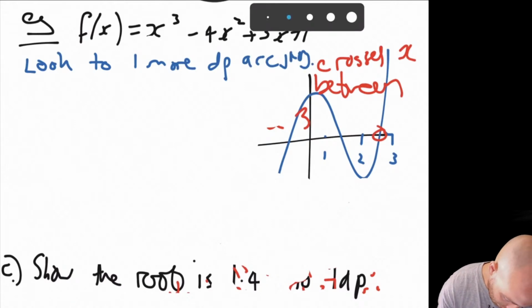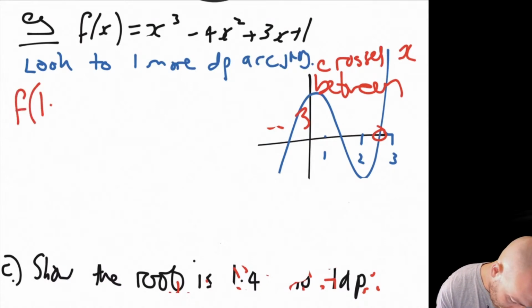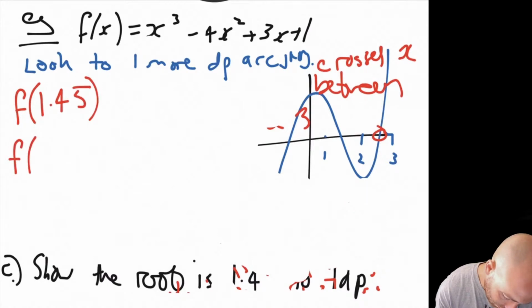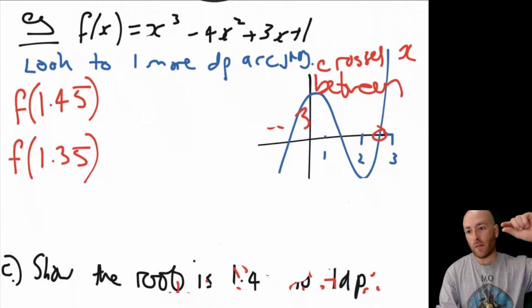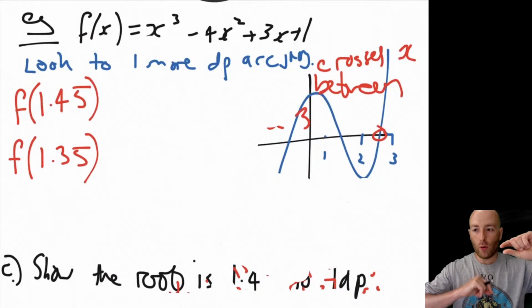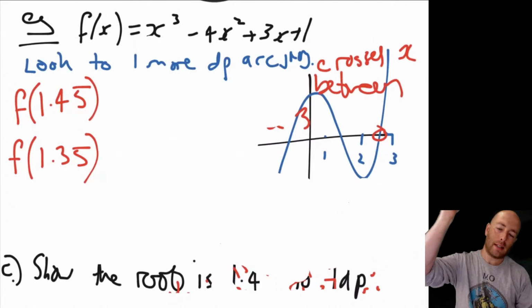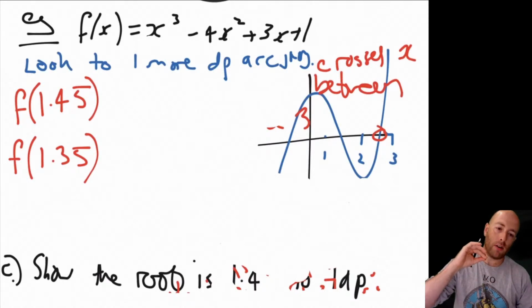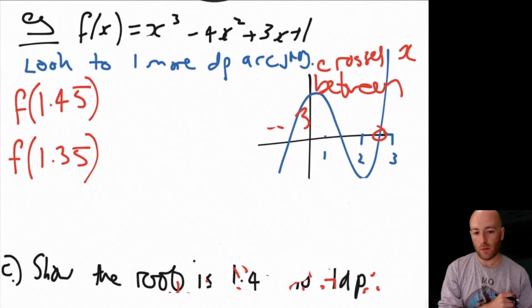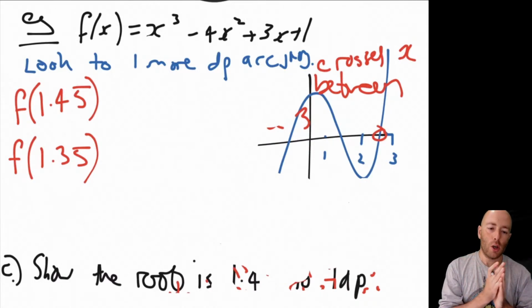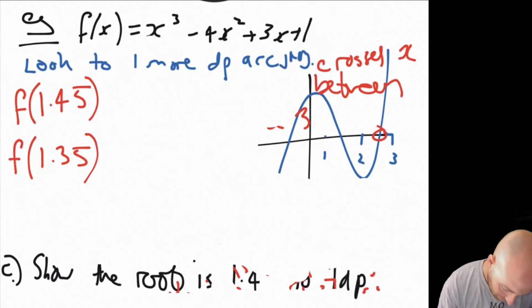So I'm going to do f of 1.45 and I'm going to do f of 1.35. So I'm going to go slightly above, slightly below 1.4, and we're going to go at bits that would round. So 1.45 would round to the next value. 1.35 is the lowest value that would round to 1.4. So look at the top and bottom of the range of values which would round to 1.4.